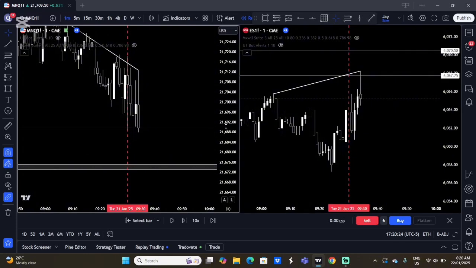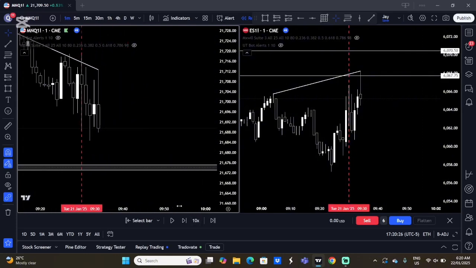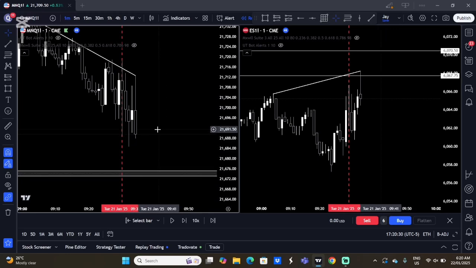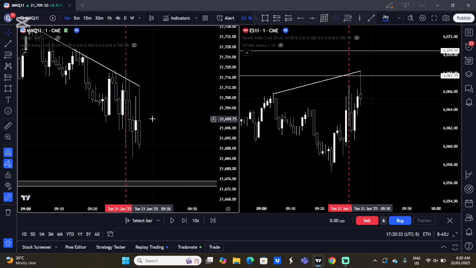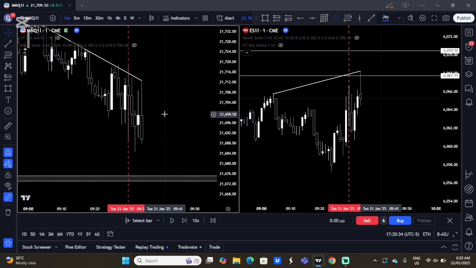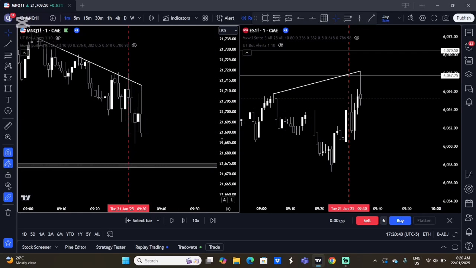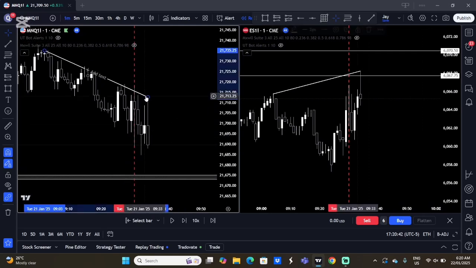So all we want to see now is displacement or a CISD. But technically we are already in a downtrend, but for further confirmation we just want to see this and an inverse fair value gap. So let me just rule this out.